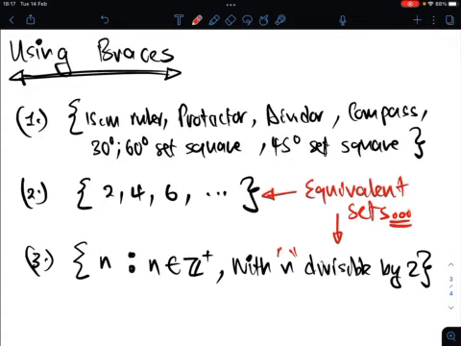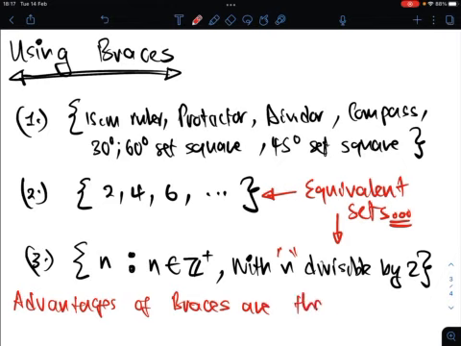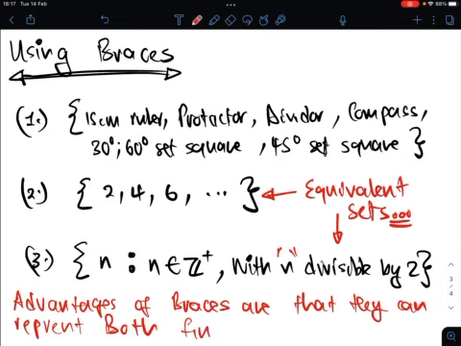One advantage of braces is that they can represent both finite sets and infinite sets. That's one advantage that braces have over all the other representations that we have so far.